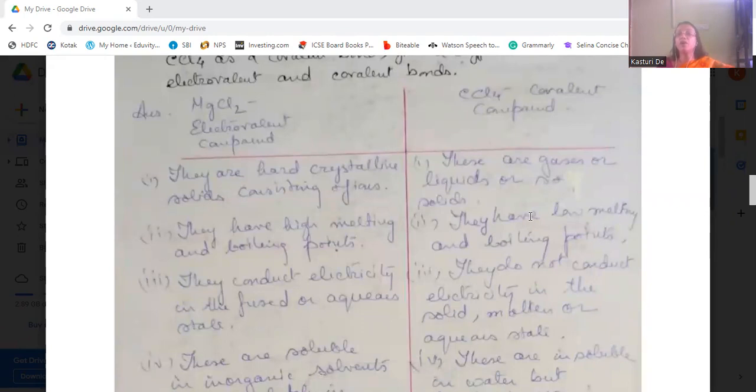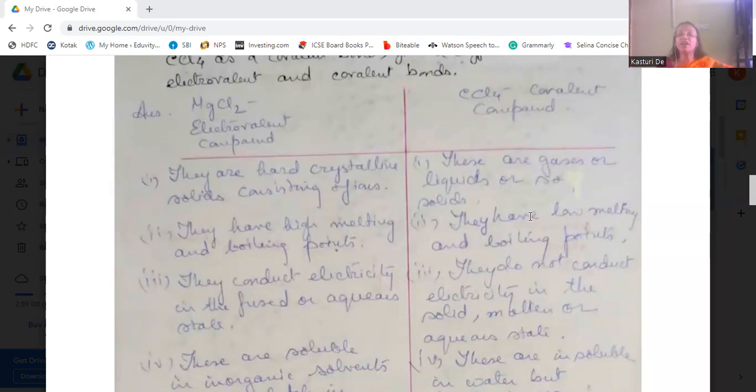MgCl2 forms hard crystalline solids which consist of ions, but CCl4 compounds are gases or liquids, and some can be solids also. MgCl2 has high melting and boiling points, whereas carbon tetrachloride has low melting and boiling points.